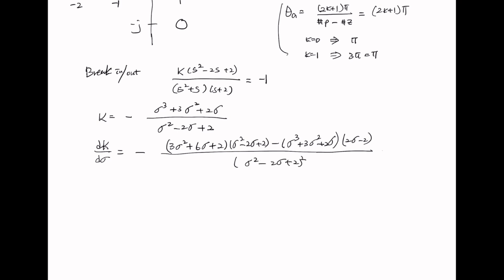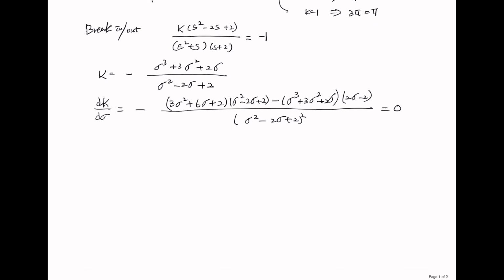That's the quotient rule, and we need to find where this equals 0. The denominator squared is not 0, so we can just take the numerator and set it equal to 0. I'm going to distribute and multiply all of those.